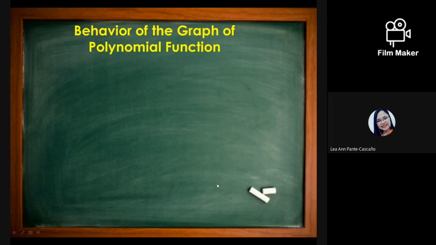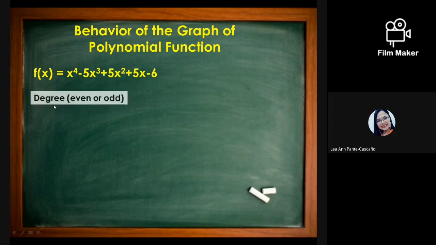Now let us have the behavior of the graph of a polynomial function. So paano ba natin malalaman yung itsura ng ating mga graph based sa given polynomial function? Suppose we have this polynomial function f of x equal to x raised to 4 minus 5x cubed plus 5x squared plus 5x minus 6. So the first thing that we need to do, kailangan muna nating ma-identify, una, ang degree.